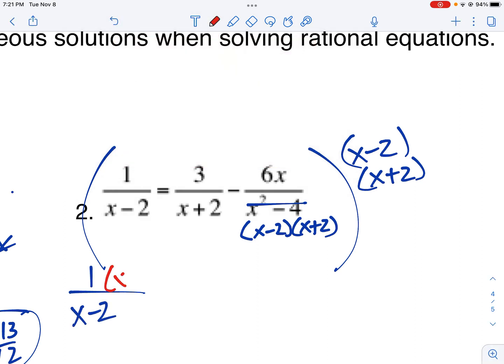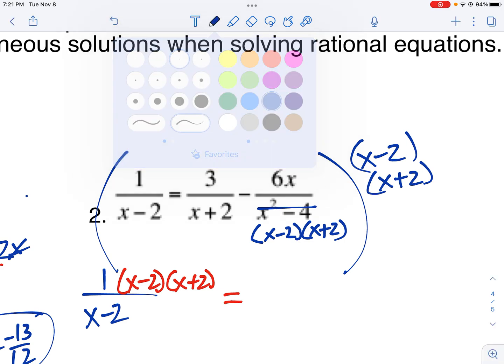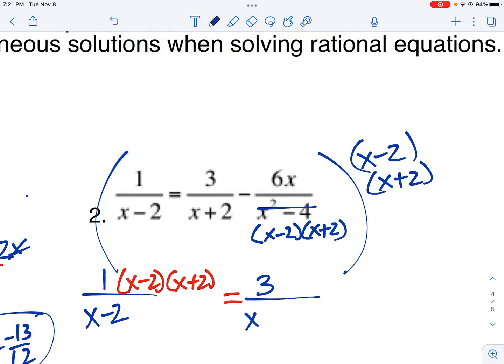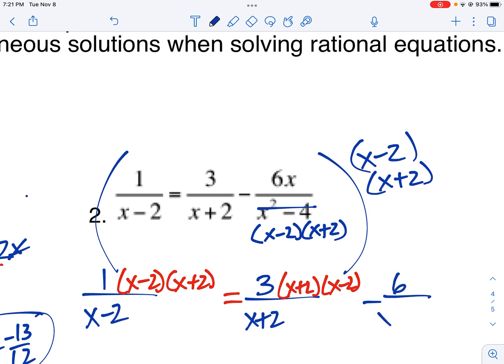And on the top, we have x minus 2, x plus 2 equals 3 over x plus 2. And we have to add the x plus 2, x minus 2, minus 6 over x minus 2, x plus 2.